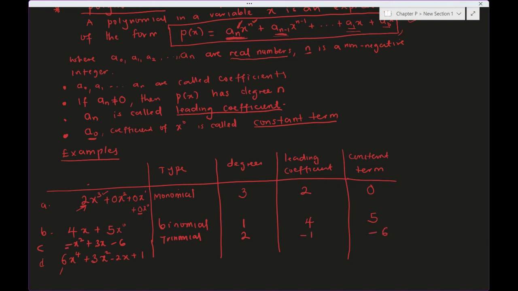And the constant term is minus 6. Look, the constant term is minus 6; you have to go with the negative as well. Now, for the D, you can see it has 4 terms. Since the number of terms is more than 3, the special name is just polynomial. The degree is the highest power, which is 4. The leading coefficient is the number behind the variable with the highest power, which is 6. And the constant term is 1.